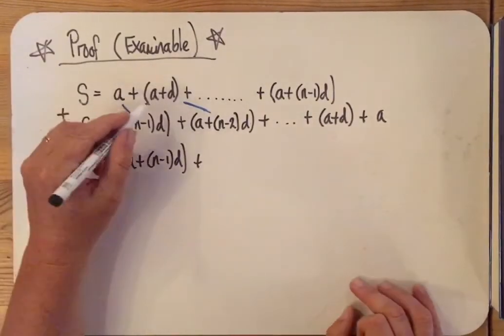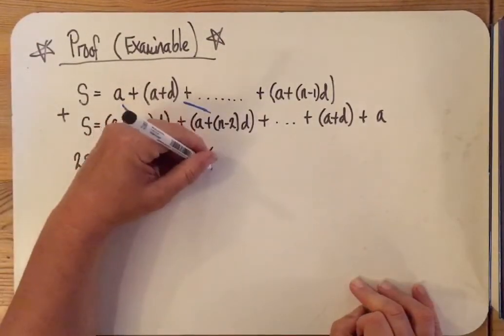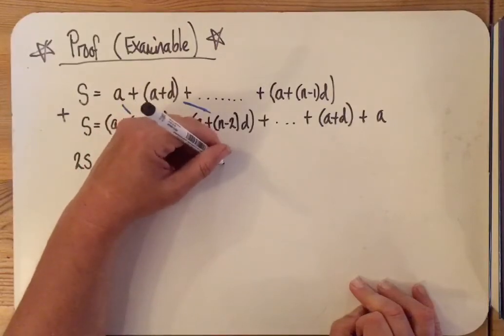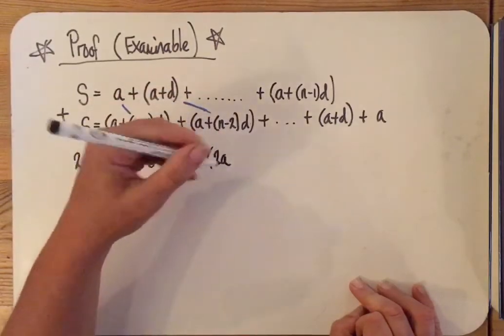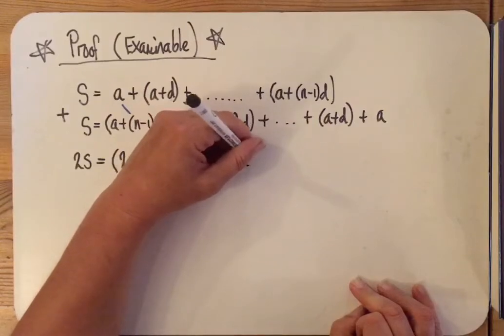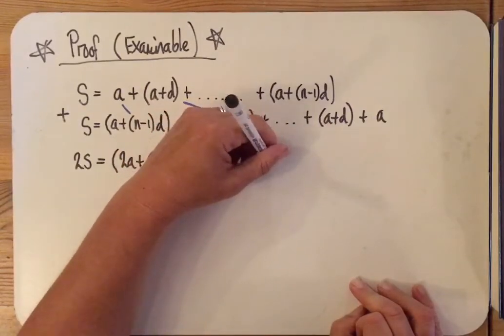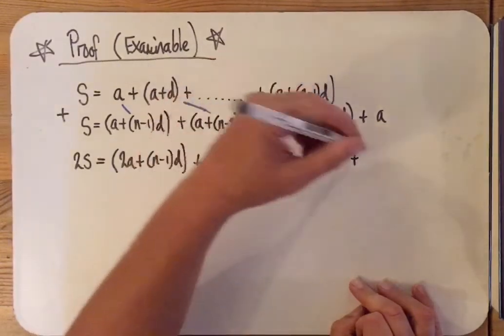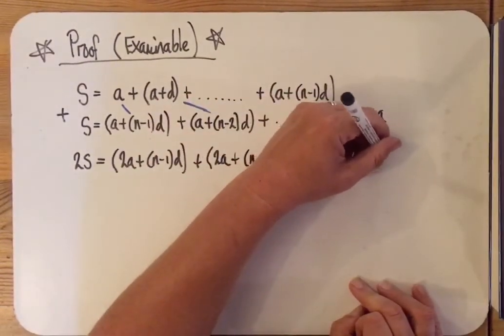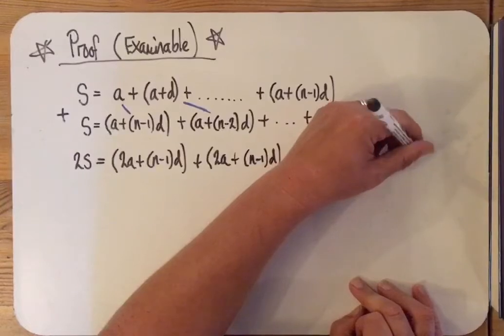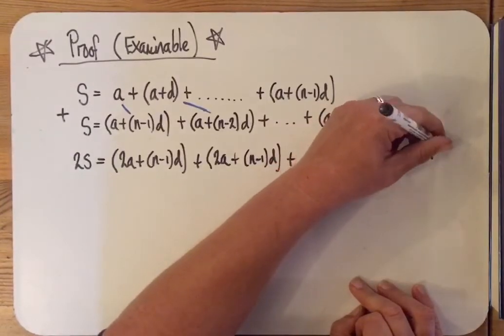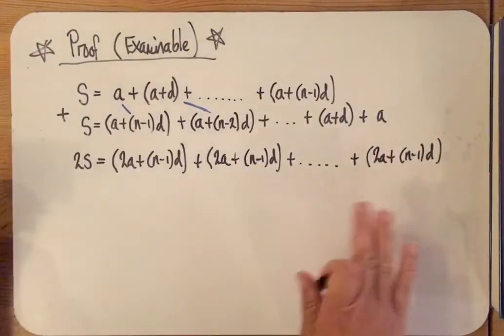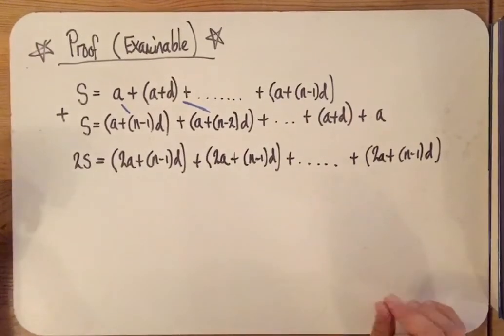We saw that with the numbers. So a plus a is 2a, and n minus 2 d plus d is n minus 1 d. And then it starts getting a bit boring. So that's going to happen n times, because there's n terms in the series.